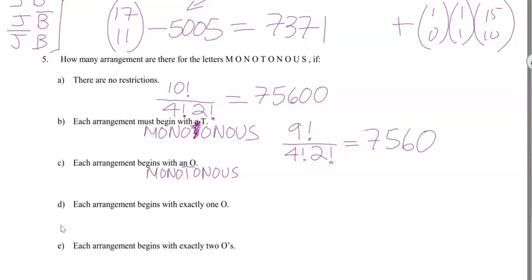Get rid of an O. What's left? Got 9 letters. How many are the same? Oh! There's only 3 O's remaining. Right? And what else? 2 N's. So 9 factorial over 3 factorial, 2 factorial.